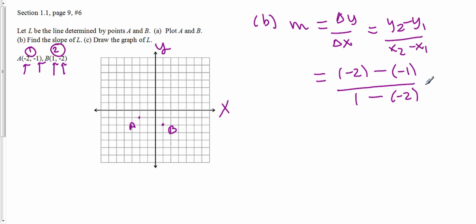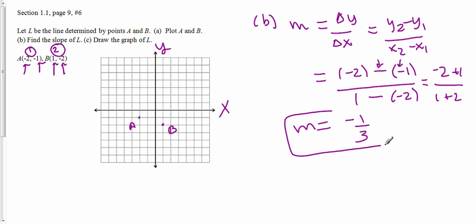And I hope you remember that when you have a minus sign and a negative sign, we multiply those together and they become positive. So this is really going to be -2 plus 1 divided by 1 plus 2, and we end up with a slope of -1/3, and that's our answer for part B.